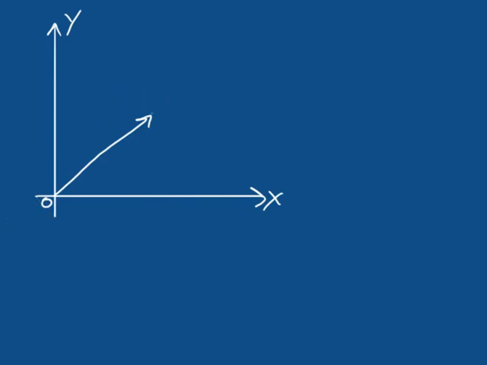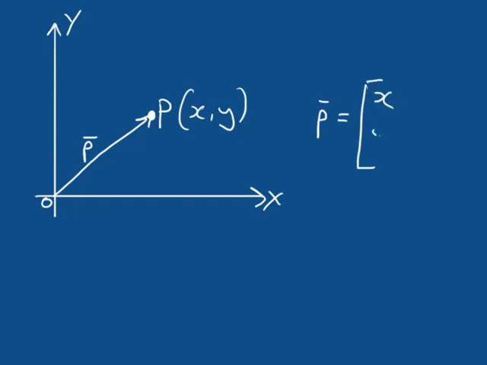And we also saw that the endpoint of that vector, the point that the vector reaches, which we could say is the point P with the coordinates x, y, the coordinates of that point are equal to the components of our position vector. So if our position vector was lowercase p with the components x, y, then the point at the end of that vector is also going to have the coordinates x, y.